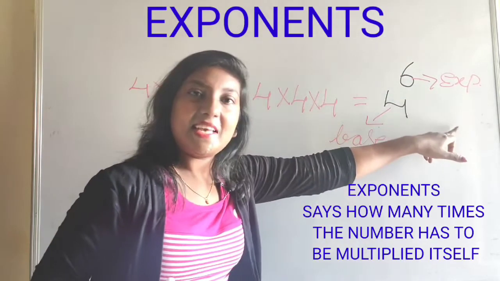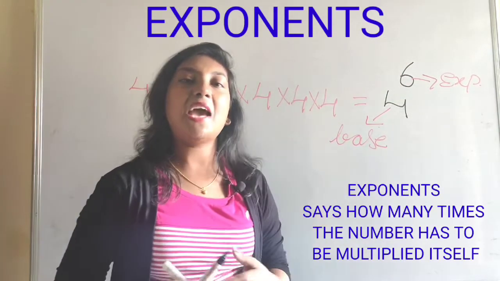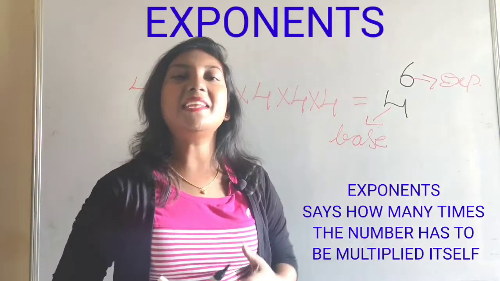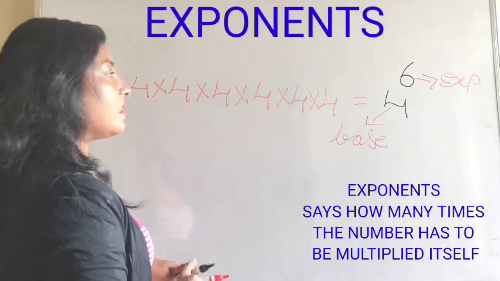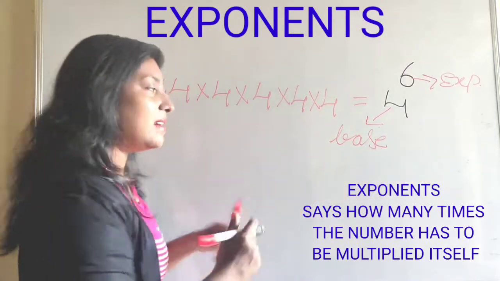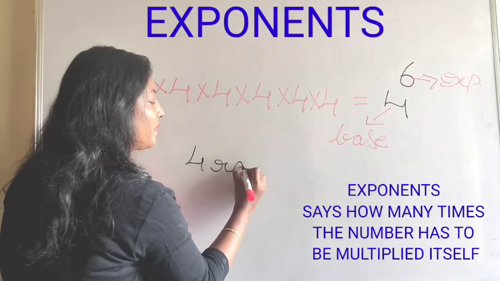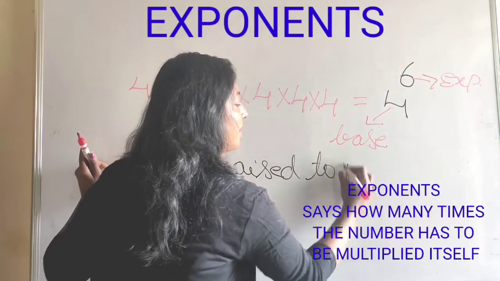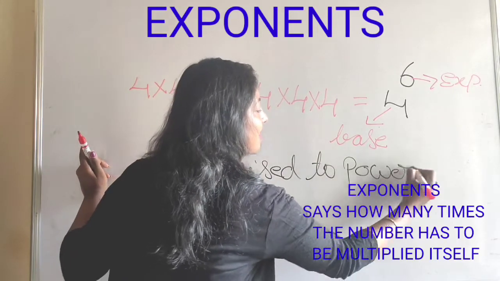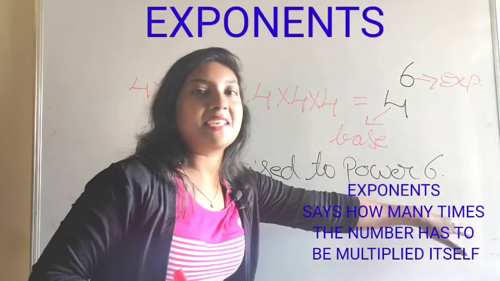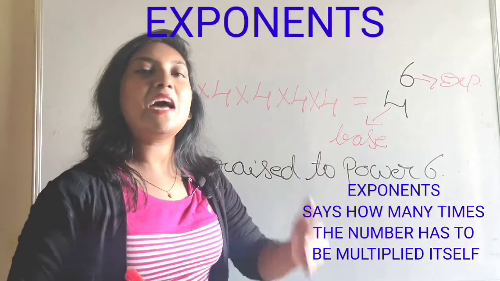So exponent says how many times we have to multiply the number itself in order to get the result. And how do we read this number? We read this number as 4 raised to the power 6. In this way we read the numbers.